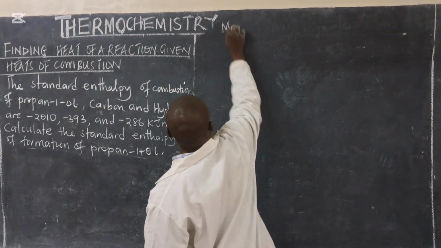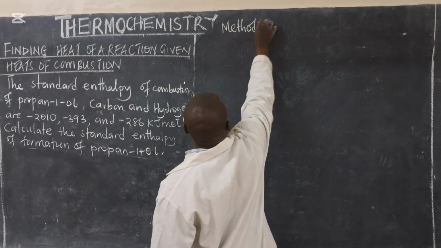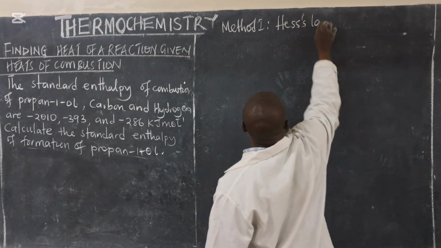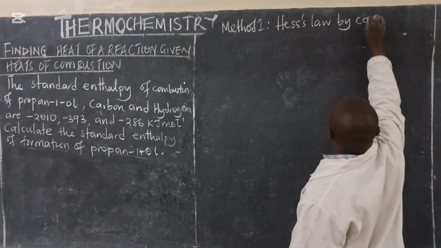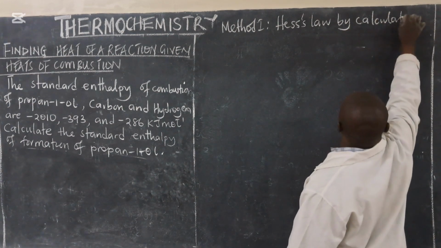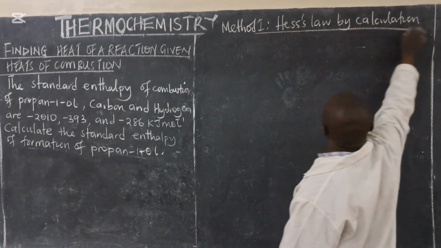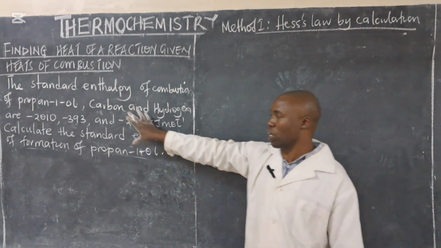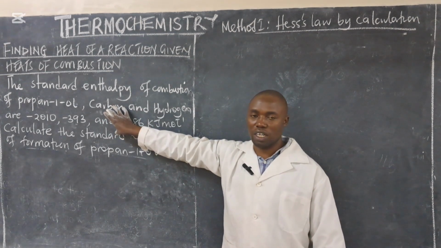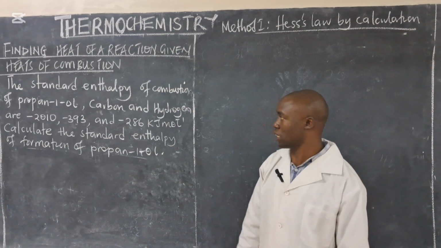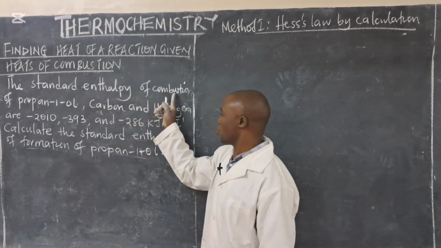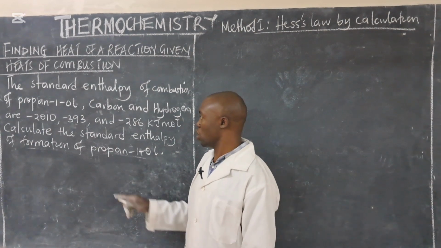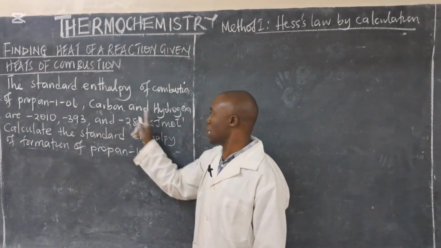First method, method 1, Hess's law by calculation. Under this method of calculation, we extract the given equations and the required equation from the question. The standard enthalpy of combustion of propan-1-ol, you are going to write the equation for combustion of propan-1-ol, carbon and hydrogen.